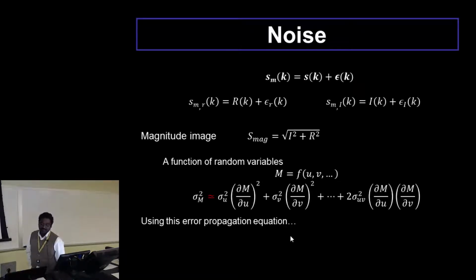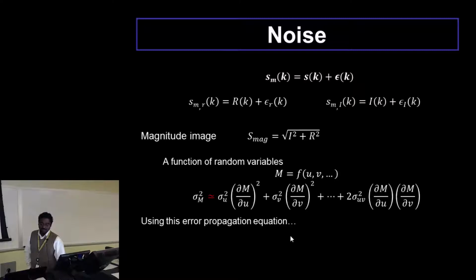Anyway, you can calculate what happens in the imaginary and real channels. You have that sigma, the noise variance or noise standard deviation. What is the effect of that noise in the reconstructed magnitude image?